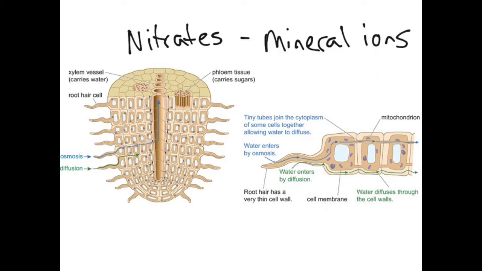Right, the last thing we're going to think about this lesson is how plants get mineral ions from the soil. One of the most important ones is nitrates. So how do plants get them into their cells? Do we think normal soil has more minerals in, or plants? Well, plants have tons of minerals in.